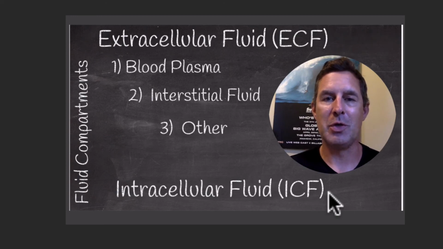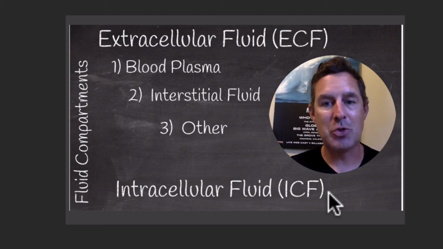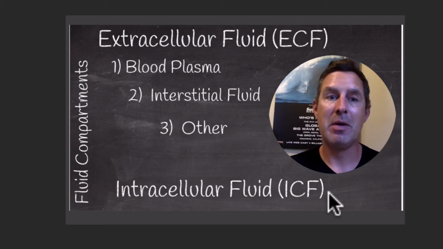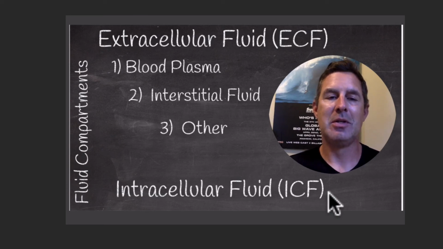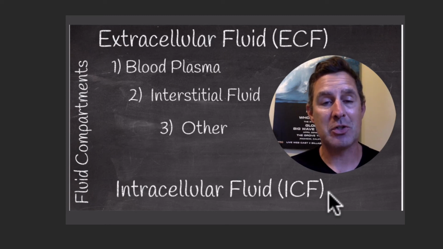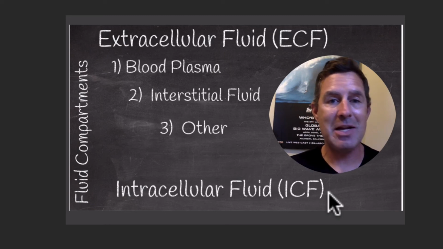But back to the ECF, it's composed of blood plasma, which is the fluid component in our blood, and interstitial fluid. Interstitial fluid is the fluid between our blood vessels and our cells. So blood plasma and interstitial fluid make up the bulk of our extracellular fluid, but any other fluid in the body that is not part of cells is going to be part of our extracellular fluid.